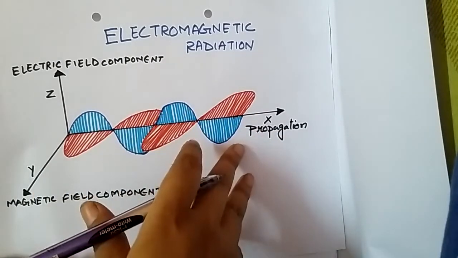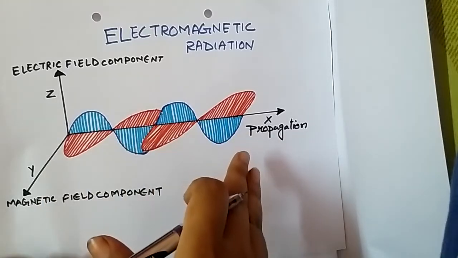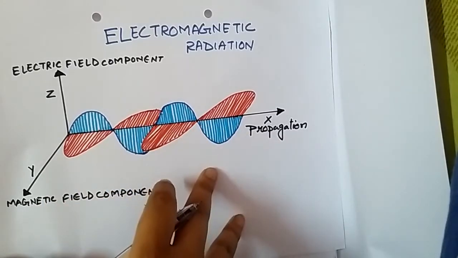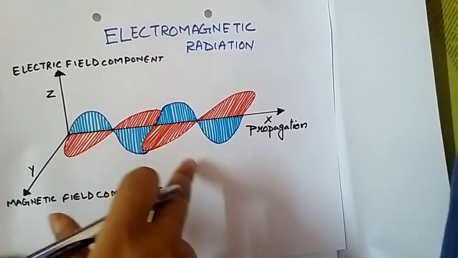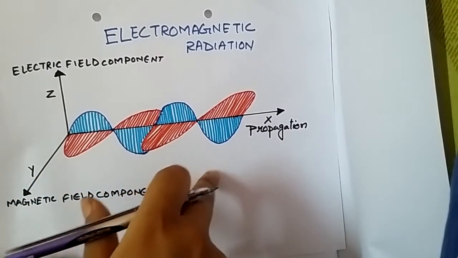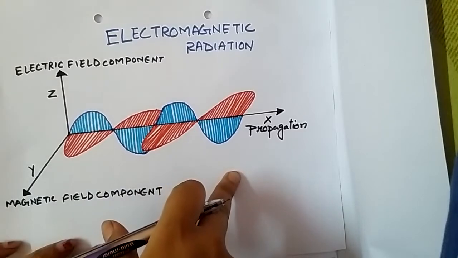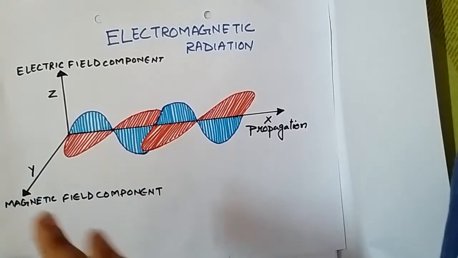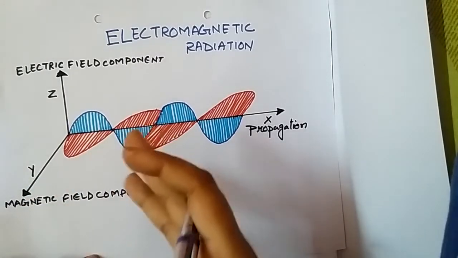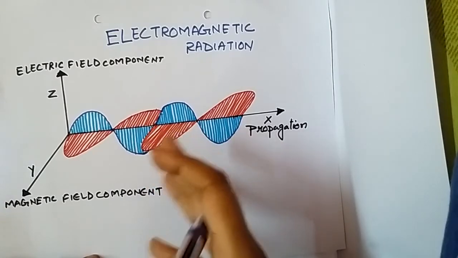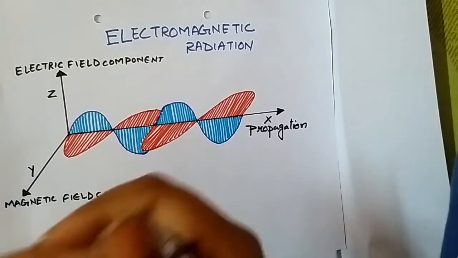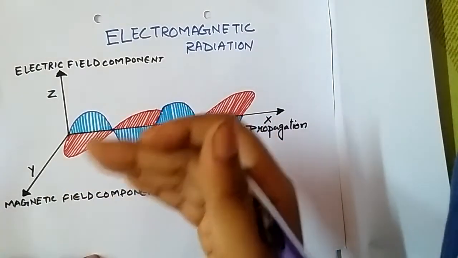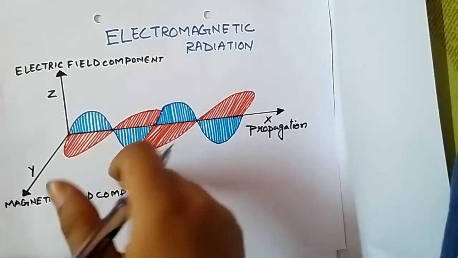Unlike sound waves or water waves, which require a medium to travel, electromagnetic radiation can travel in vacuum as well. Okay, and there are different kinds of electromagnetic radiations depending on the frequencies and wavelengths. So they differ in their frequencies and they differ in their wavelength.